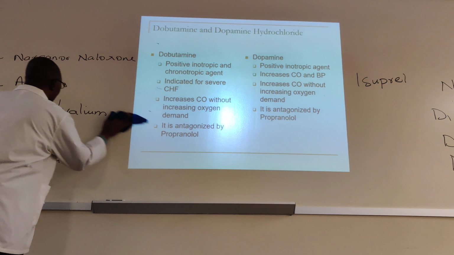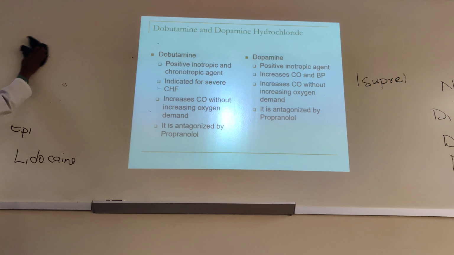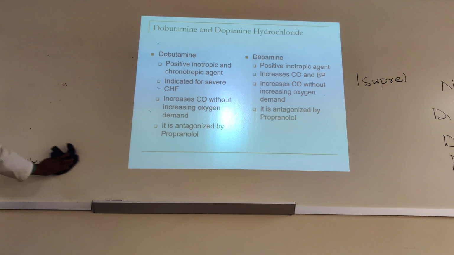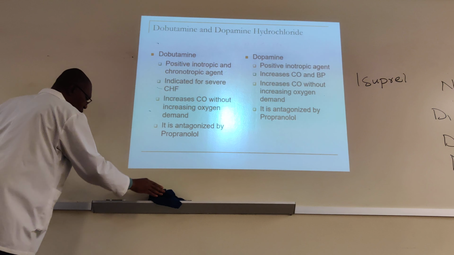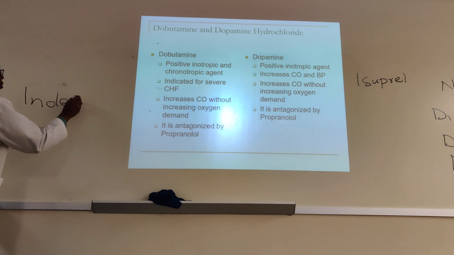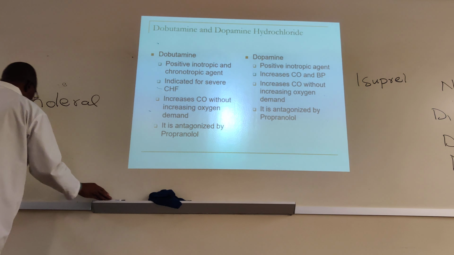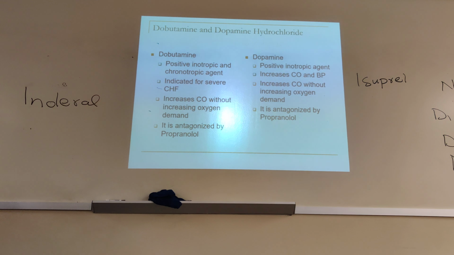That's a beta blocker. For some reason, if you give too much of this medication and their heart rate or their blood pressure is going through the roof, then you give them Inderal, which is propranolol. Okay. So Inderal is both a negative chronotropic agent and a negative inotropic agent.